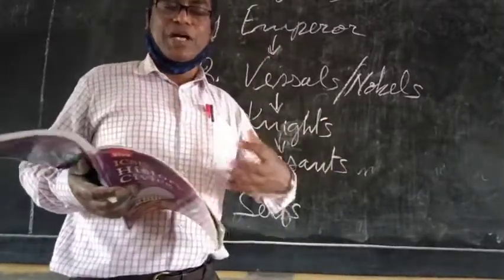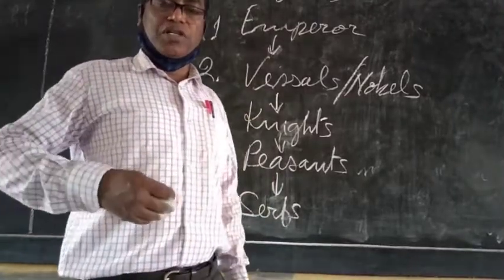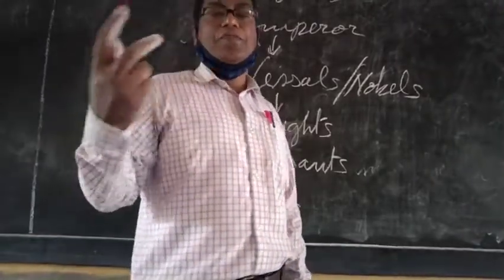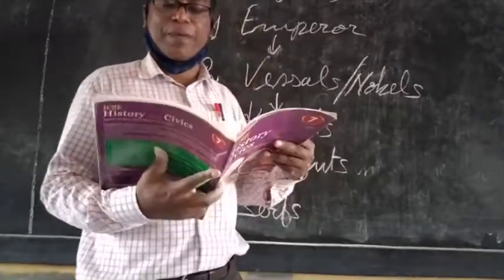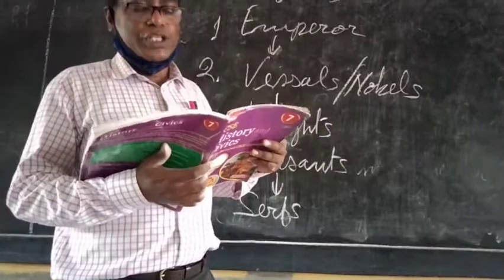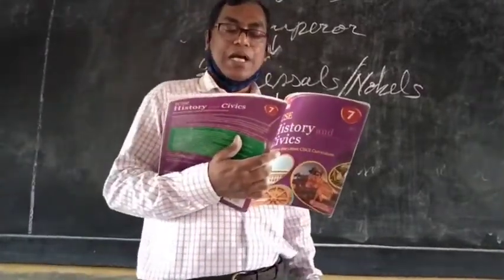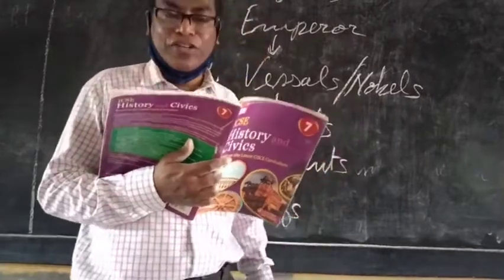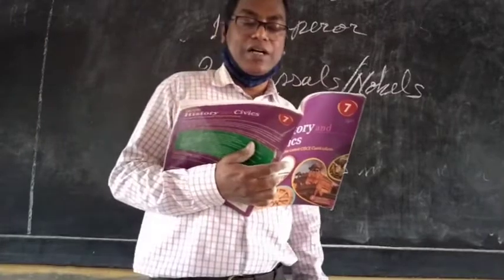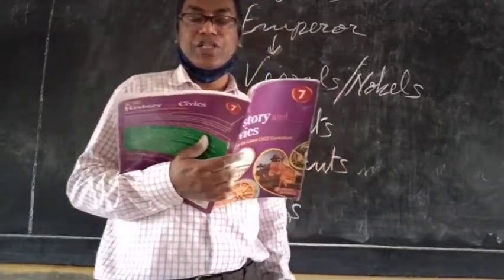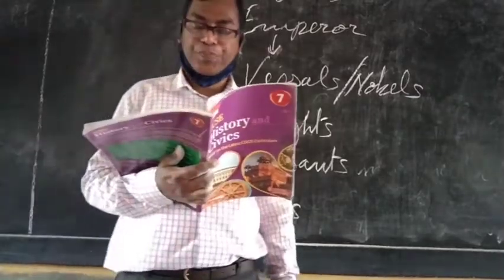By his ability, talent and power, he became the emperor of the Eastern Roman Empire in 518 CE. After his death, his nephew, not his son, became his successor, and he was known as Justinian the Great.